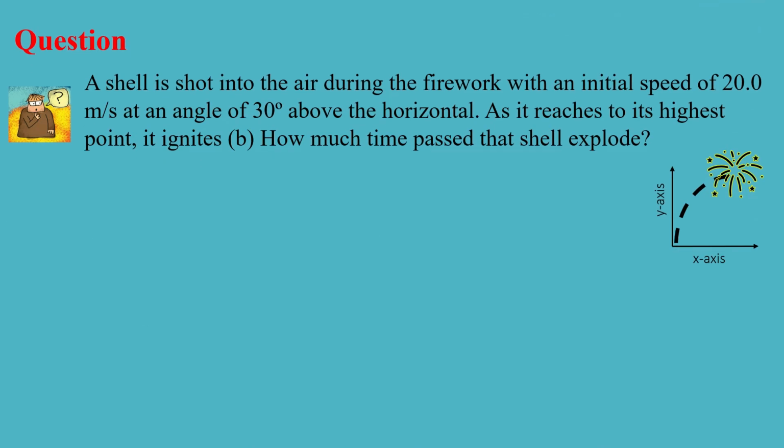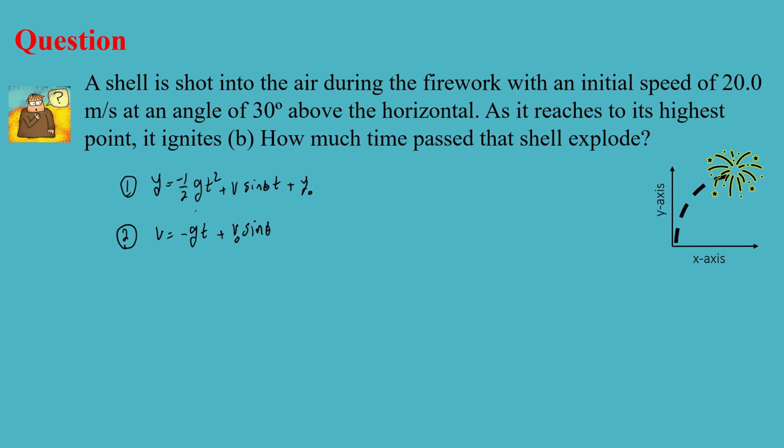Here I need to calculate time. Let's see what equation I can use. My first option can be this equation: y equals half g t squared plus v sine theta t plus y naught. This is going to be my first option. My second option can be v equals minus g t plus v naught sine theta, and this is going to be minus.